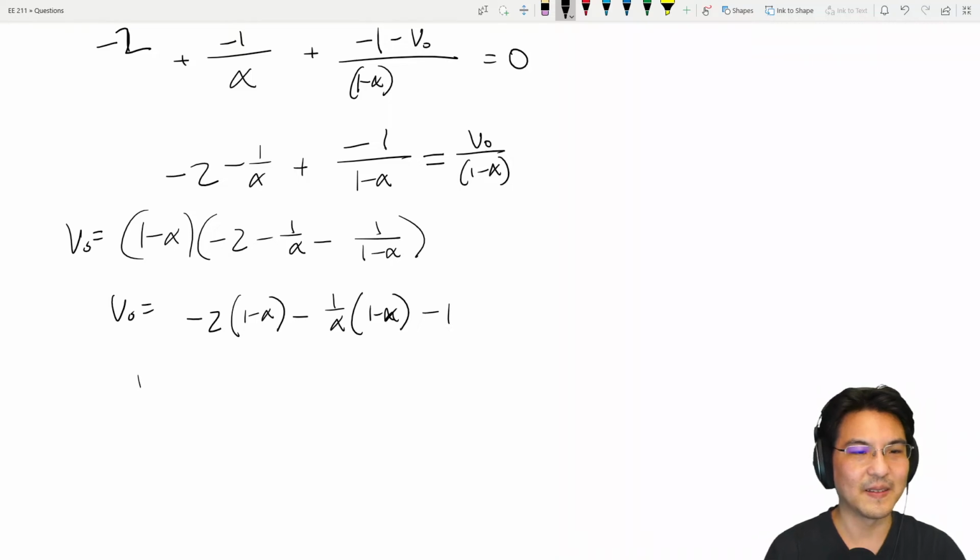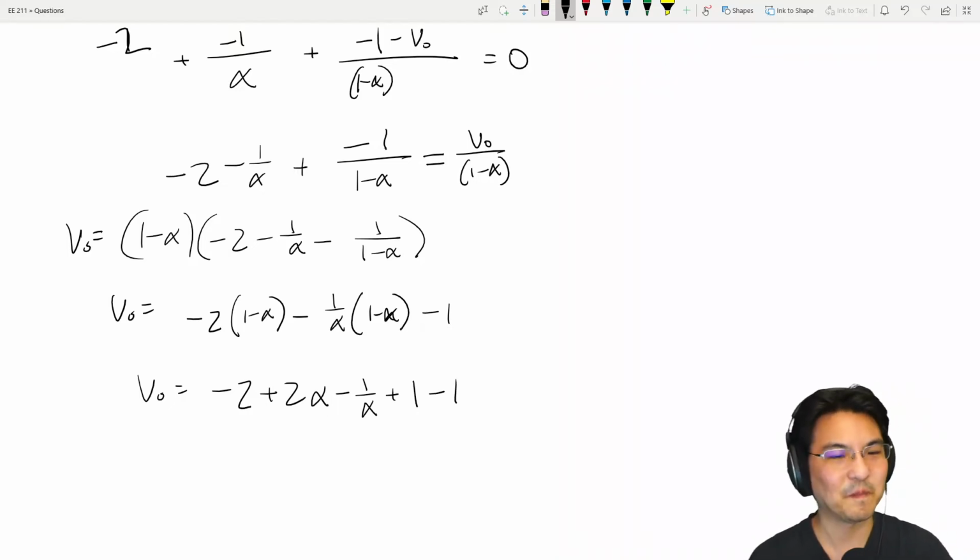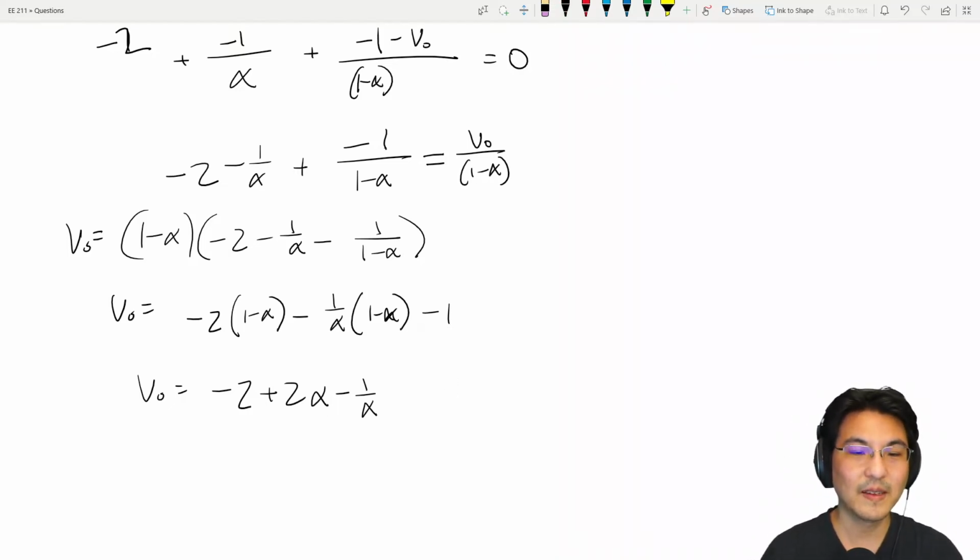Okay, and then let me multiply this through: -2 plus 2 alpha minus 1 over alpha plus 1 minus 1. There we go.